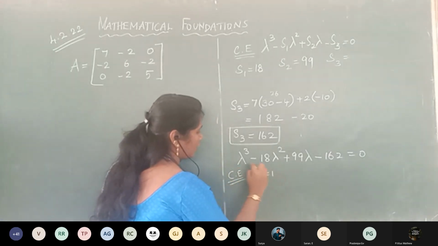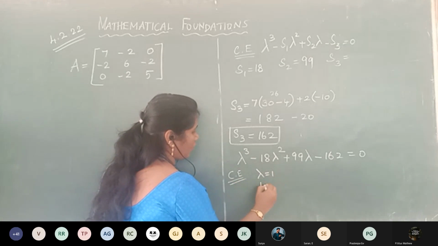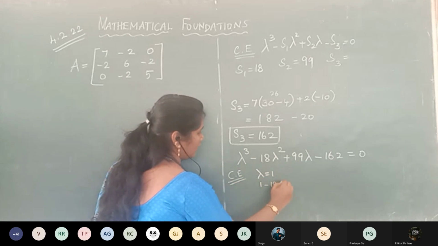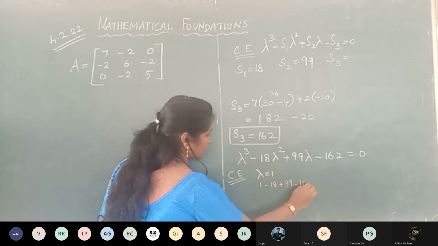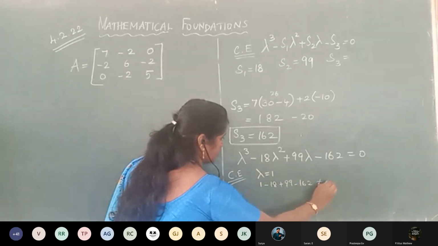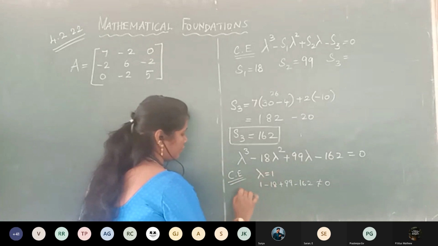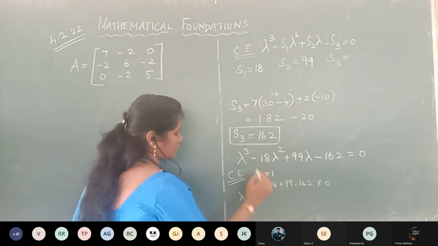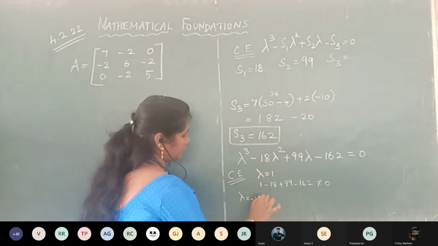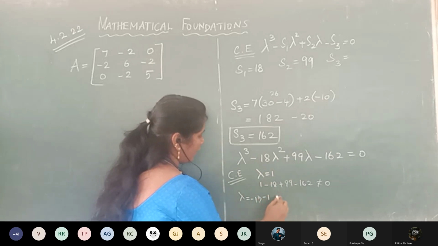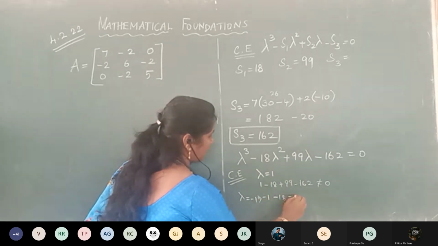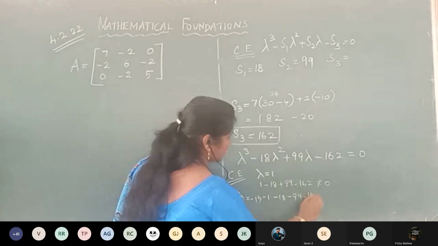If lambda is equal to 1, if I substitute it here, you'll have 1 minus 18 plus 99 minus 162. This is not equal to 0. Similarly, for lambda equal to minus 1, substitute it here and you'll have minus 1 minus 18 minus 99 minus 162.